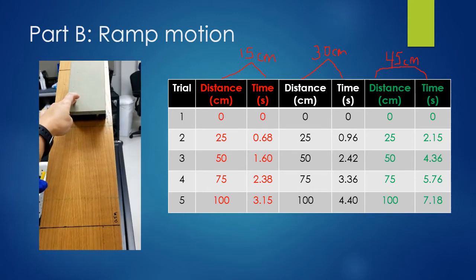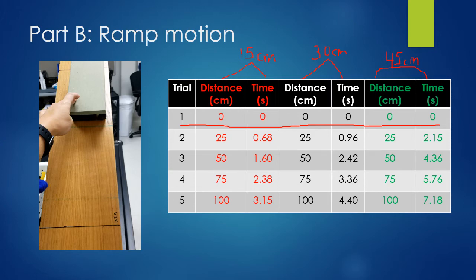One last time for our last data set, we would bring it back to the start and let it climb all the way to the 100 centimeter mark. So notice our very first trial, we have zeros across the board. This is for the same reason that we had zeros in the last one. You travel 0 distance, it takes 0 seconds to do that.